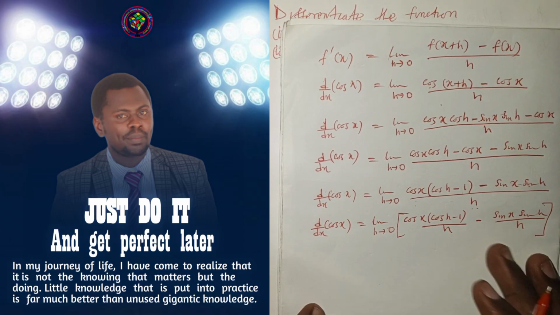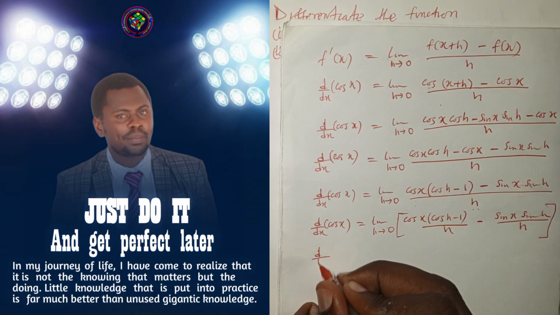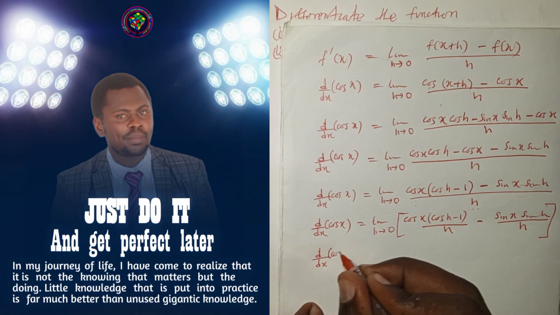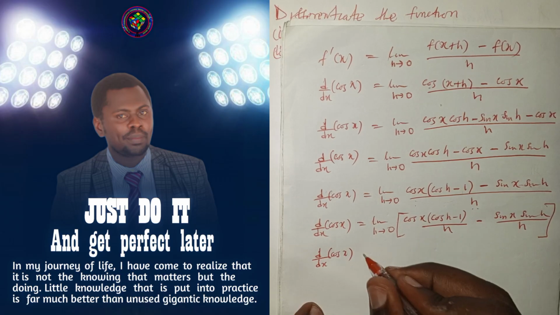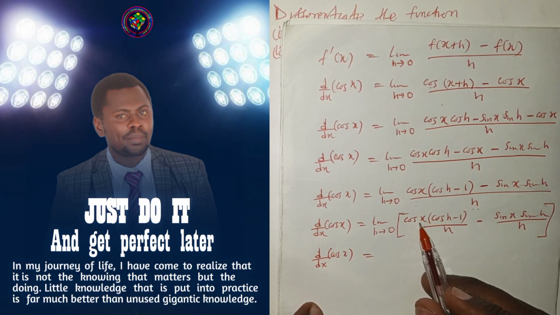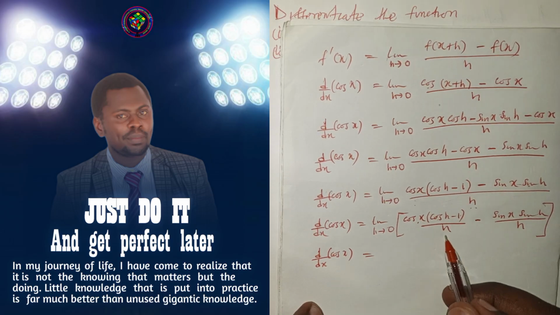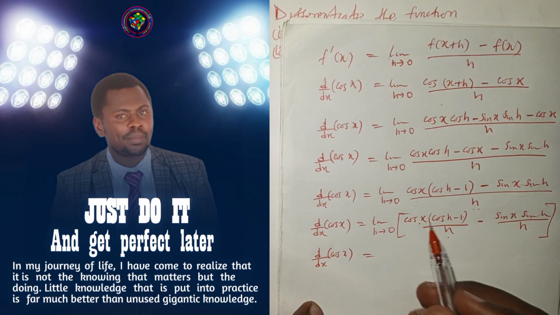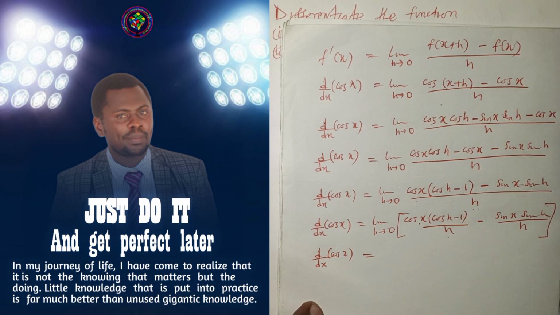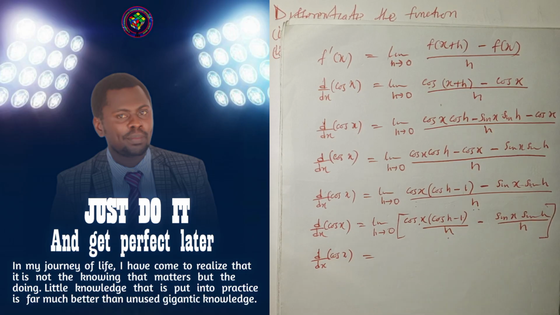Then here we are going to distribute the limit. So it will be the limit of cos x times cos h minus 1 over h. Now, since this cos x doesn't have h, it is more of a constant, so you can write it outside the limit.